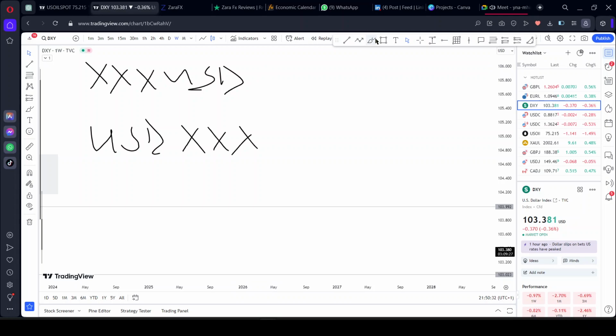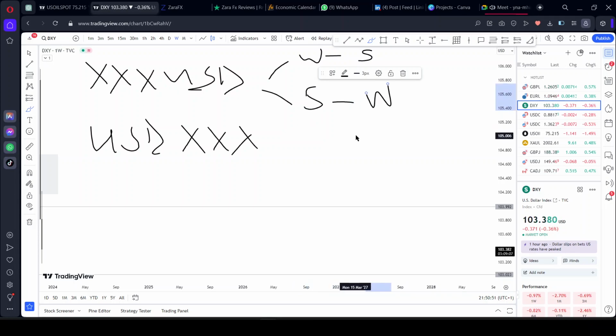Okay. So what this means in an XXX USD currency, if the dollar is weak, the base currency will be strong. If the dollar is strong, the base currency will be weak. Do you get it?